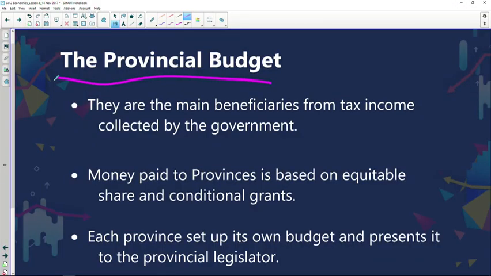Then we've got a provincial budget. They are the main beneficiaries from tax income collected by government. So this is at a provincial level. Money paid to provinces is based on equitable share and conditional grants. They will consider things like the size of the province and the economic activity that happens in that particular province. So all those considerations will obviously take place.